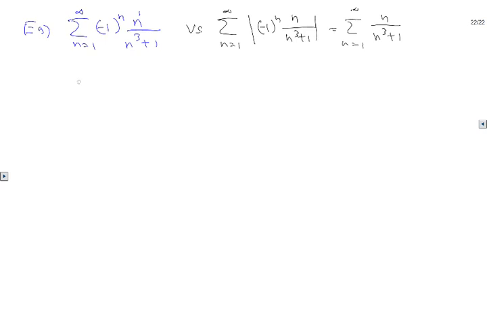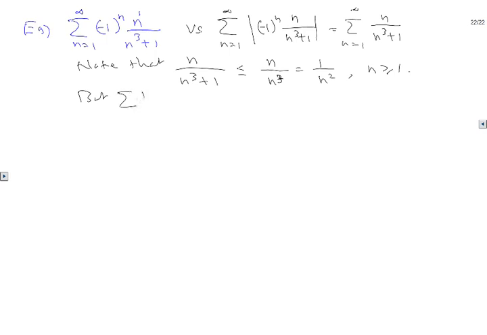Again, note that n over n cubed plus 1 is less than or equal to n over n cubed, which simplifies to 1 over n squared for n greater than or equal to 1. You take the same term from the numerator, and the smaller value from the denominator. As last time, the sum of 1 over n squared is a converging p-series with p equal to 2, which is greater than 1.